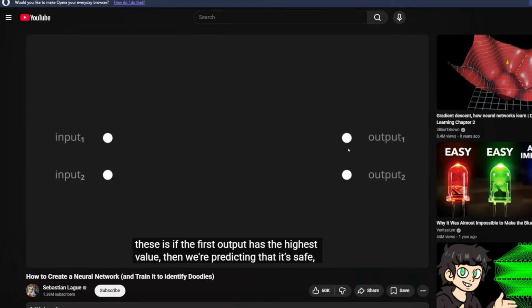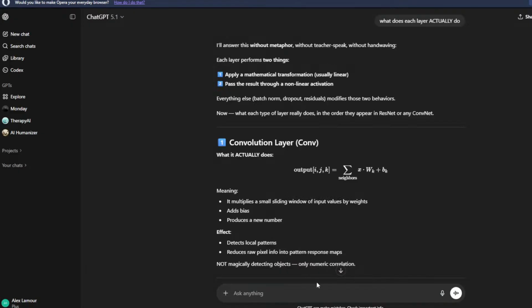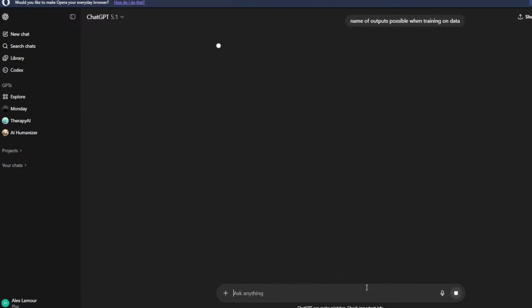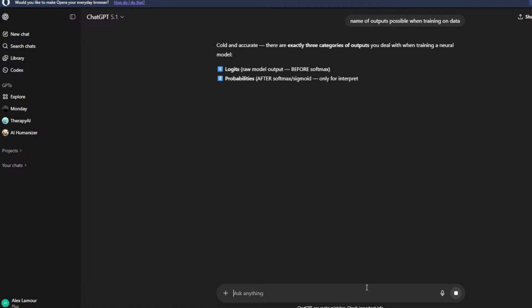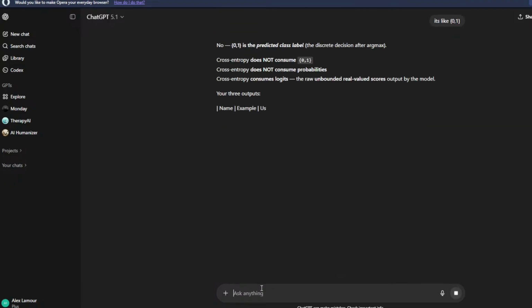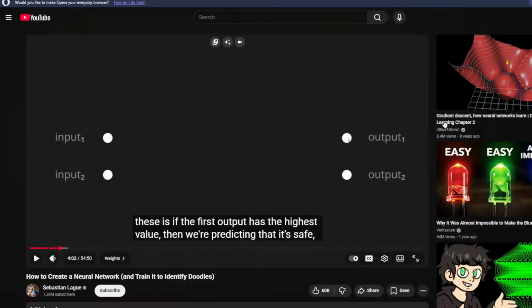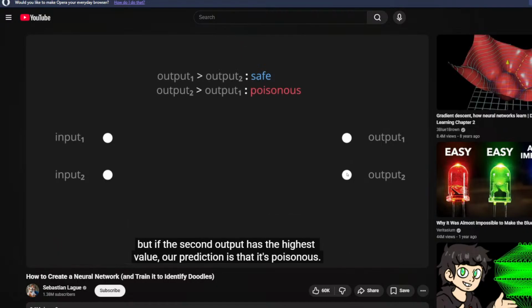The way we'll interpret these is if the first output has the highest value, then we're predicting that it's safe, but if the second output has the highest value, our prediction is that it's poisonous.